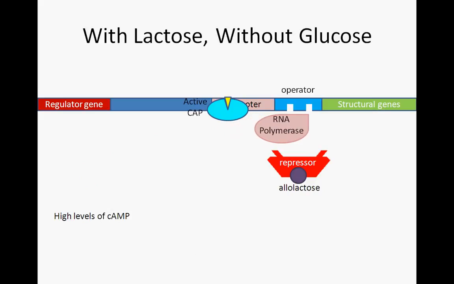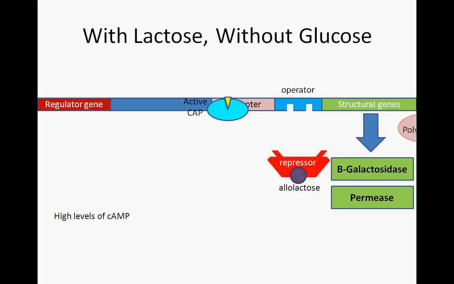Therefore, CAP is active and the lac operon transcribed efficiently only when lactose is present and more favorable energy sources are absent. This mechanism for gene expression control ensures that cells do not waste energy making proteins that will not be used. The operon system enables a prokaryotic cell to tailor its gene expression to the specific needs as dictated by its immediate environment.